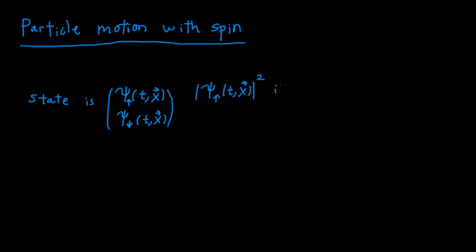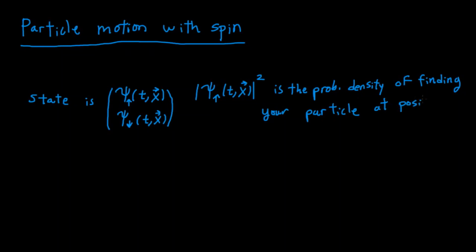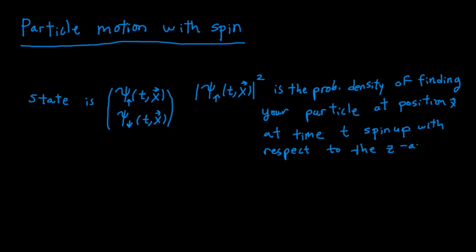This is the probability density of finding your particle at position x at time t, spin up with respect to the z-axis.